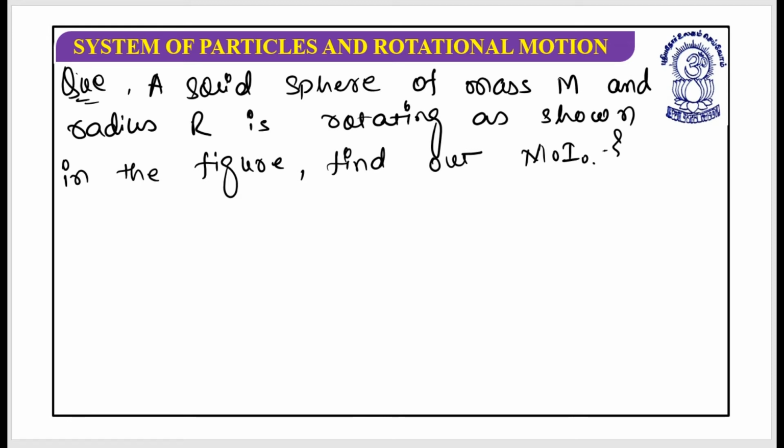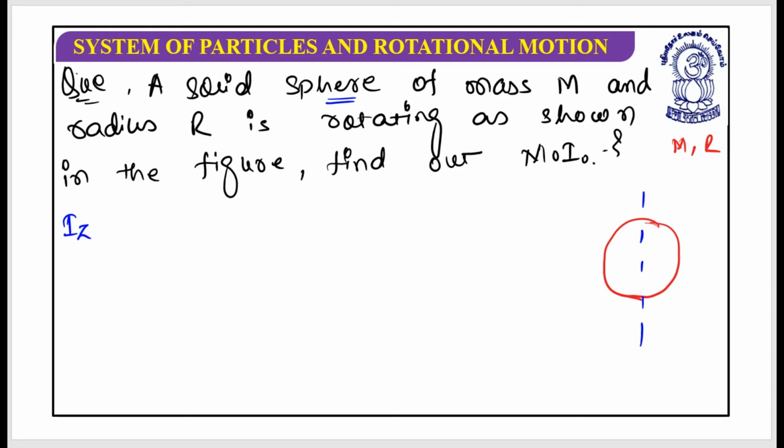Let's suppose this is the solid sphere, having mass m and radius r. First you are going to rotate it from here. You must understand that this is a sphere, and as it is a sphere, it is symmetrical over its z axis, x axis, and y axis.